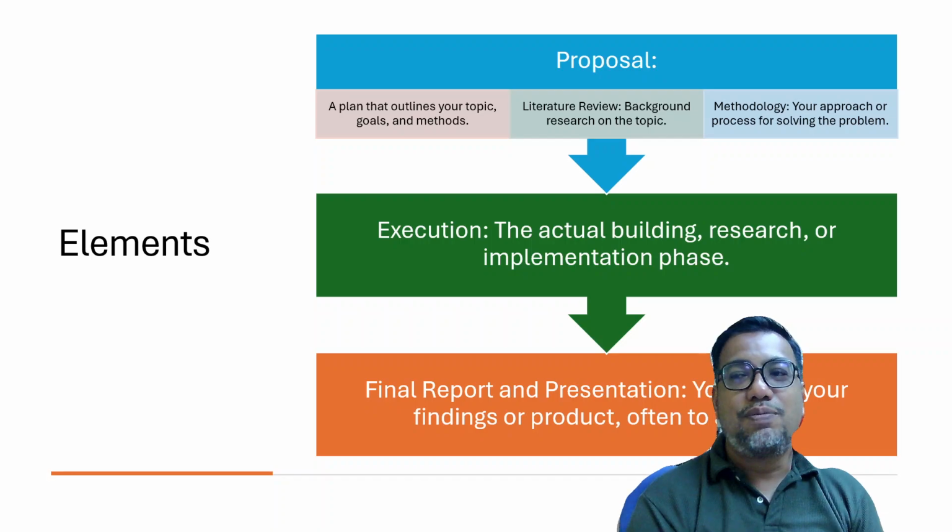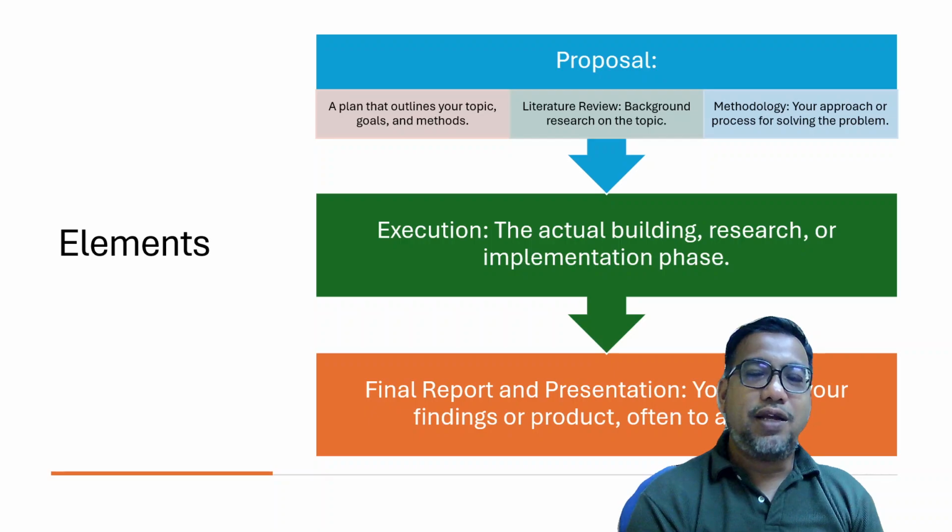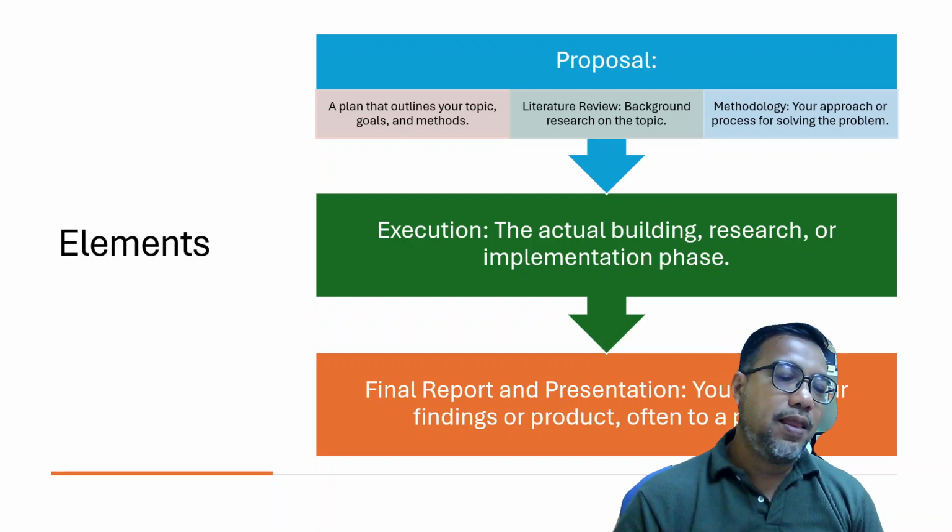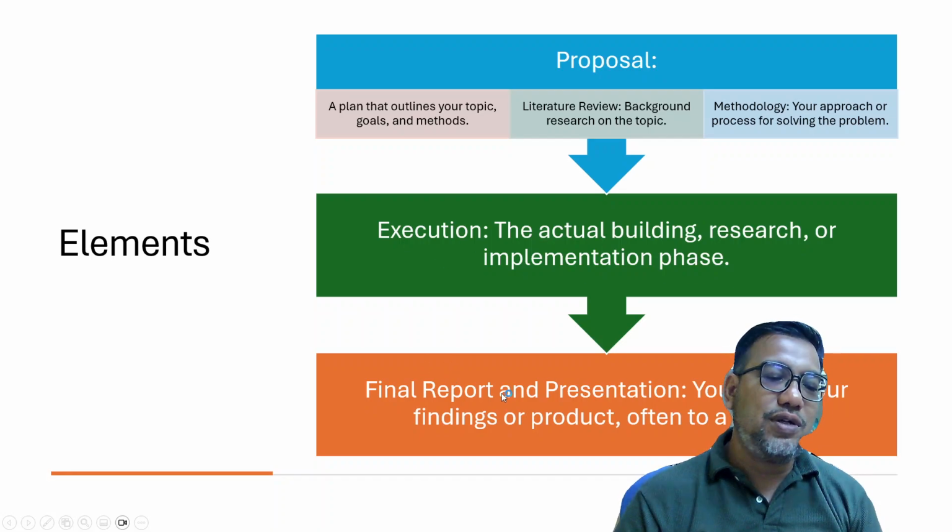For example, you have one problem, and then how you are going to solve that. Right, and then you execute, and also the final report and presentation. You must submit your final report and present to your academic supervisor.